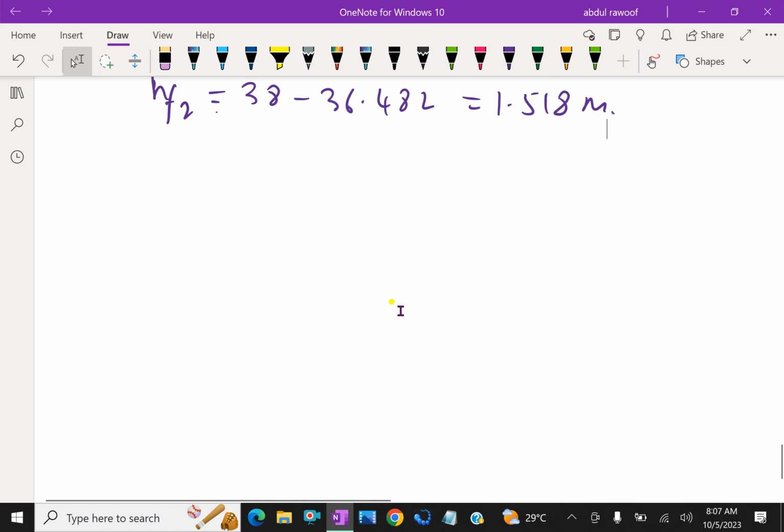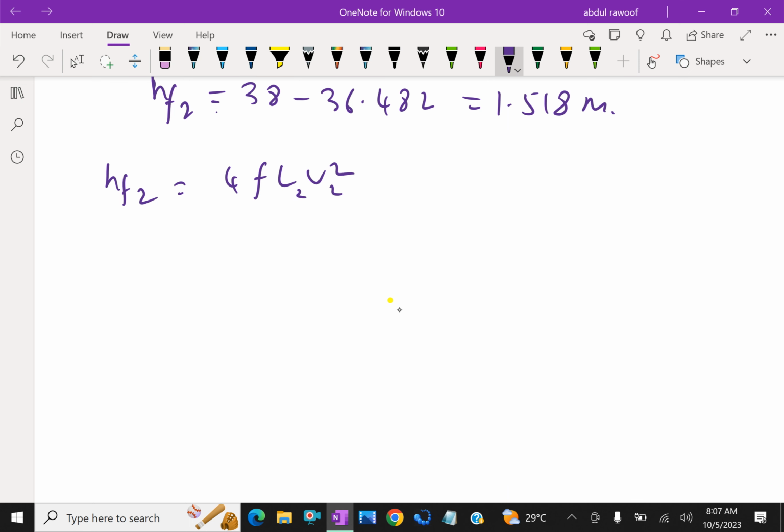Then we know that HF2 equals 4 f L2 V2 squared over D2 into 2g.